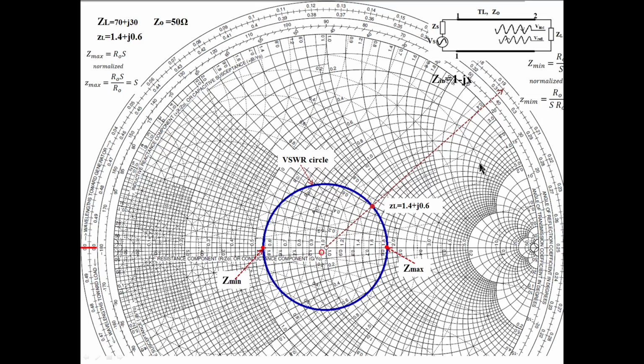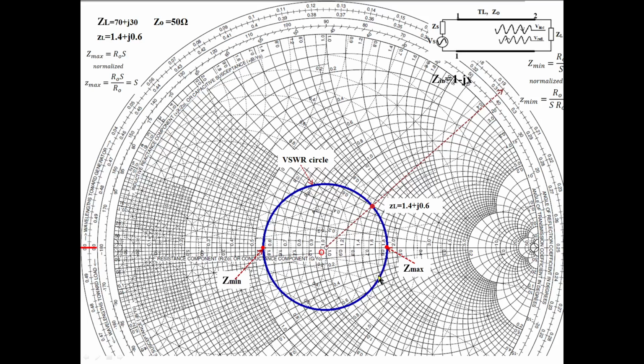Starting from the load point, you go on moving like this, and the impedance changes. The impedance at any position is the intersection of the resistance circle and the reactance circle. I want the resistance value 1, but the reactance may be any value.